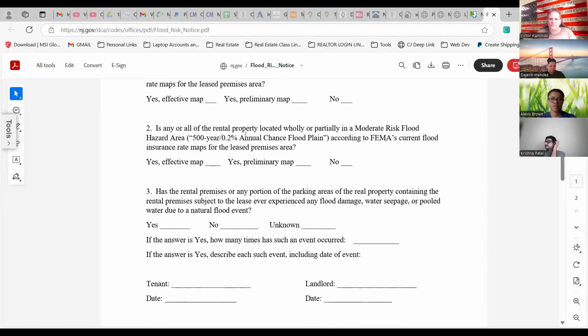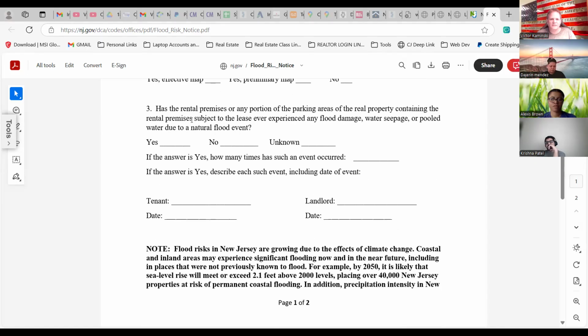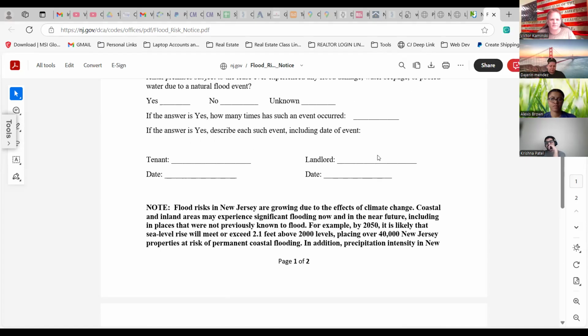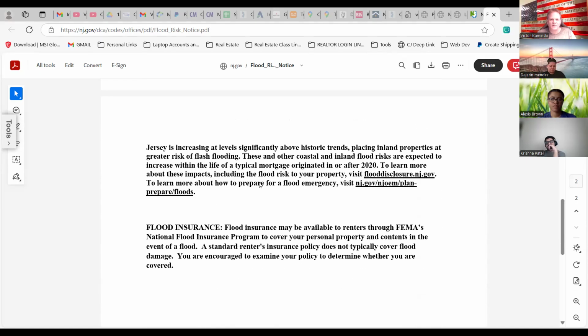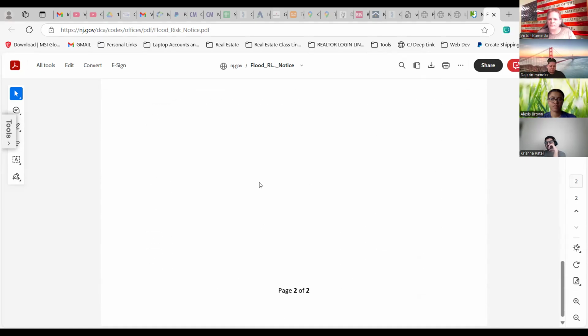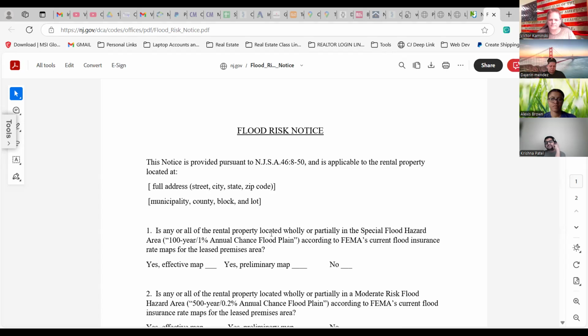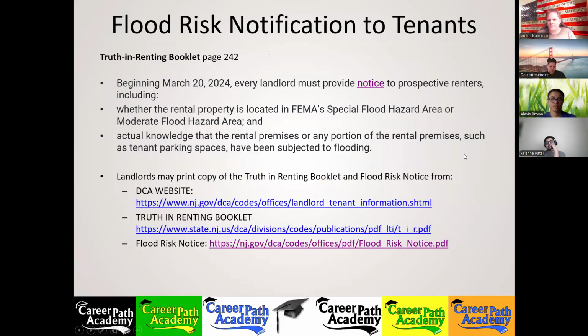Is any or all of the rental property located wholly or partially in a moderate risk area, a 500-year flood zone? Has the rental premises or any portion of the parking areas ever been flooded? Yes or no? How many times? And this information needs to be provided to the tenant as of March 20th, 2024.